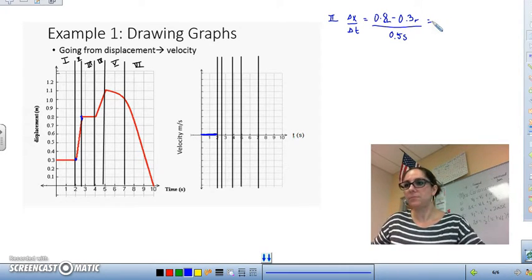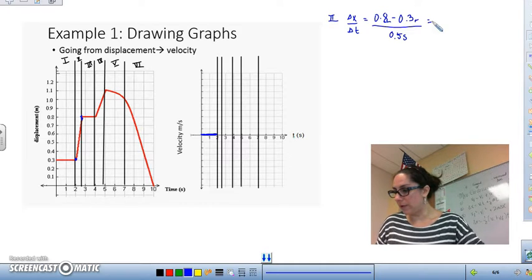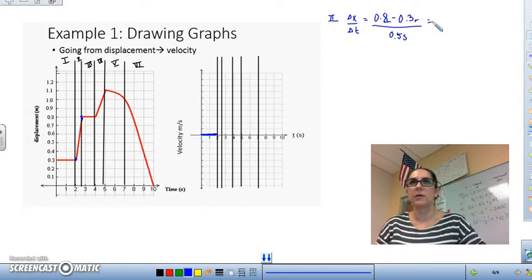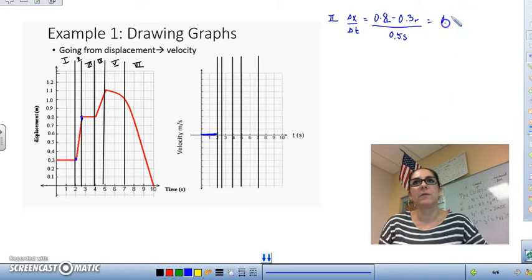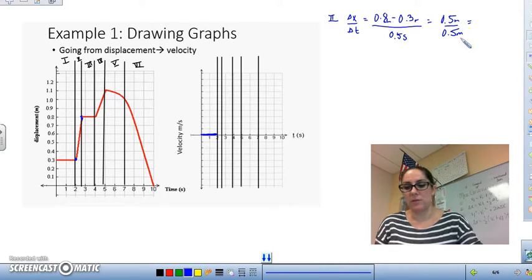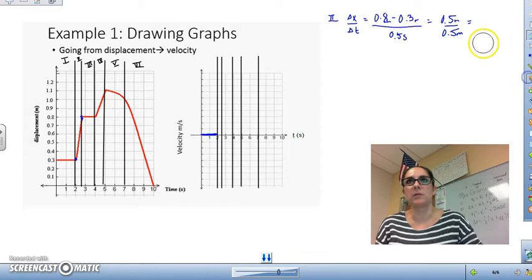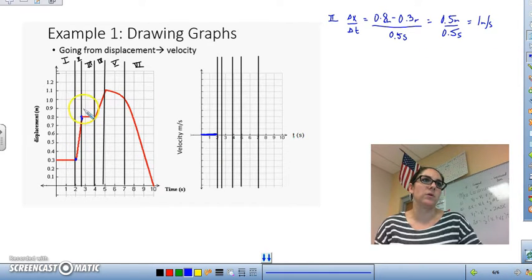0.8 minus 0.3 is 0.5, just double checking. So we get 0.5 over 0.5 seconds, which makes 1 meter per second. And it's positive because we're increasing.